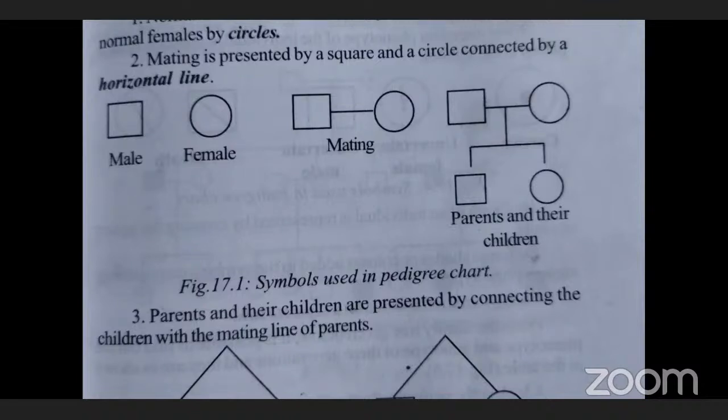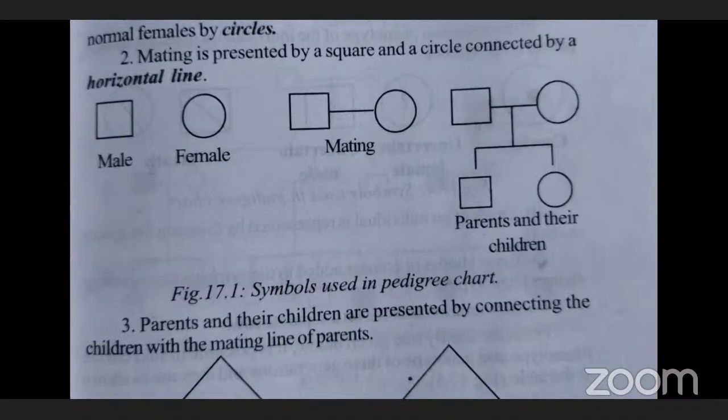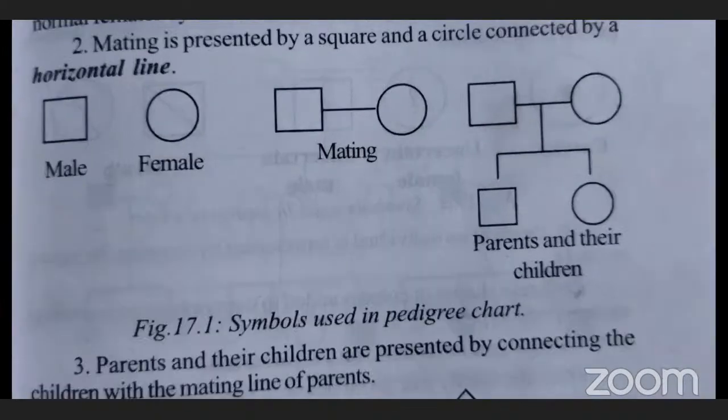The circle indicates the normal female. Between the square box and the circle, a horizontal line is there. That is called mating. Mating is represented by the square and circle connected by a horizontal line.